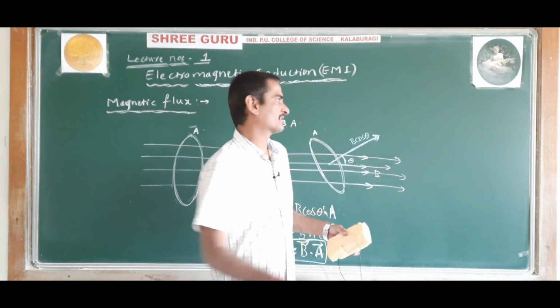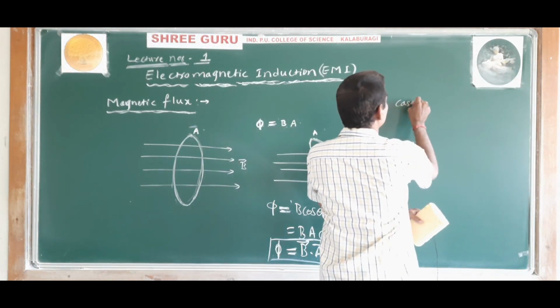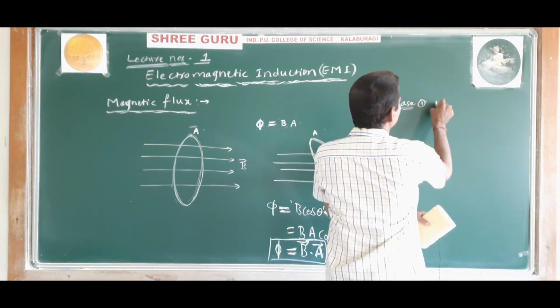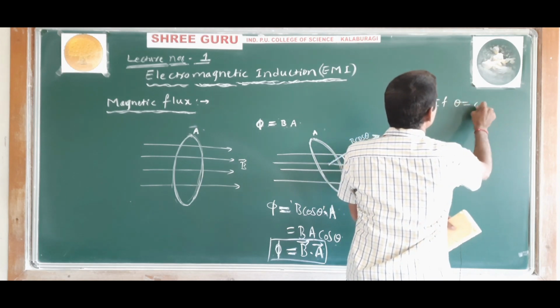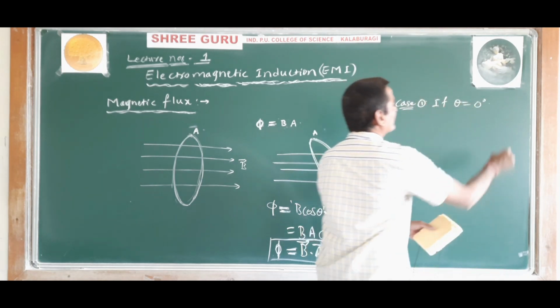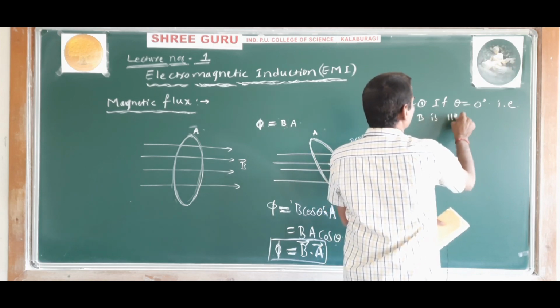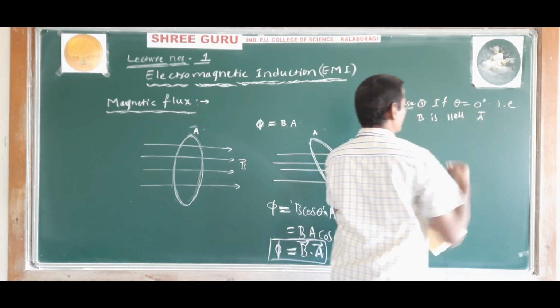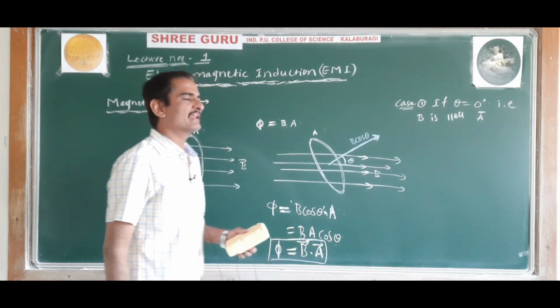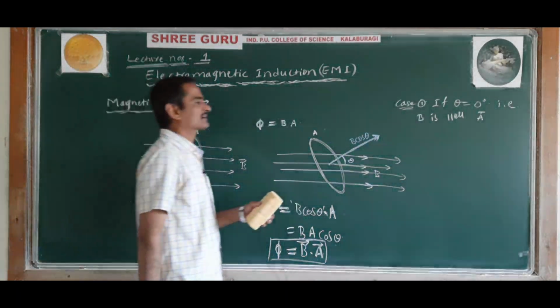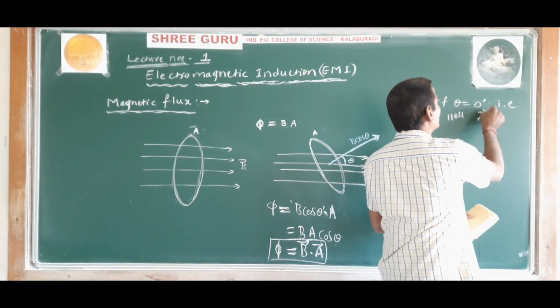Understood? Now, special case number 1. If theta is equal to 0 degrees, that is, the magnetic field is parallel to the area vector.